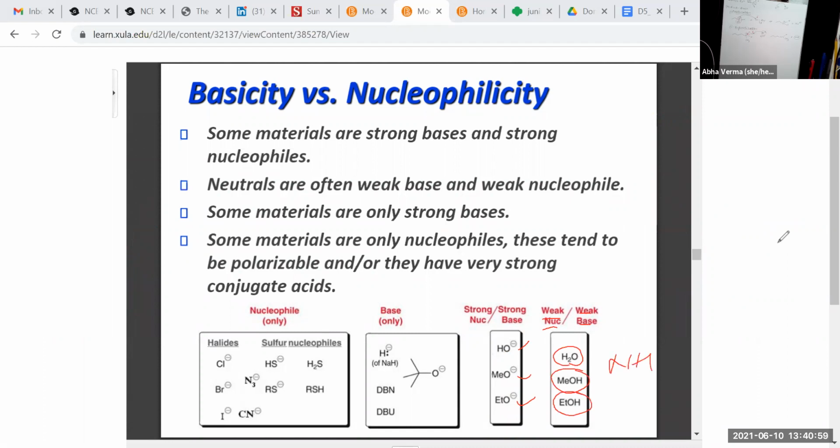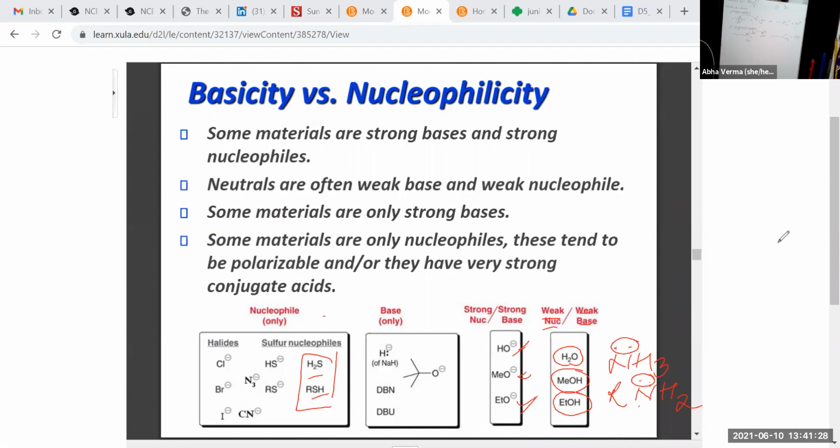If you look at ammonia, and at all of these examples, all of them are neutral molecules. They can give lone pairs, but not as strong as these negative charges. These are also neutral nucleophiles. These cannot behave as base.